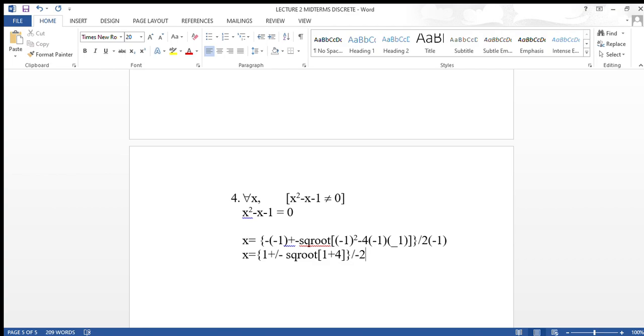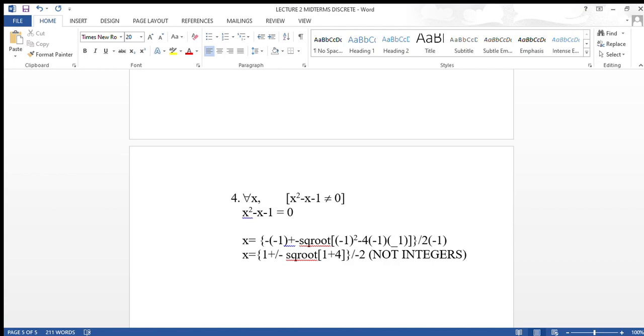So before we proceed with this one, if you will look at our resulting value for x, let's just compute this. We have here the square root of 5. And we have here 1 plus or minus the square root of 5 all over minus 2. So it means now that the resulting roots here wouldn't be integers. They are real numbers but not integers. Resulting values are not integers.